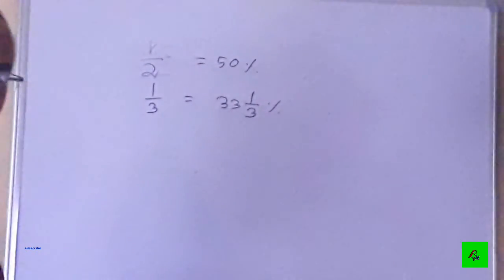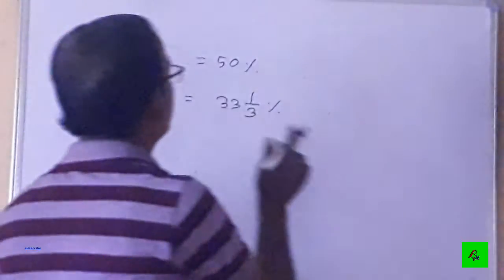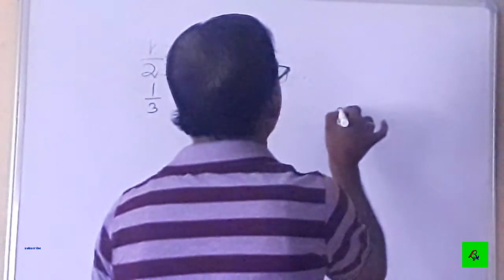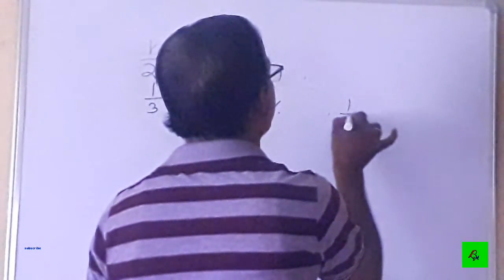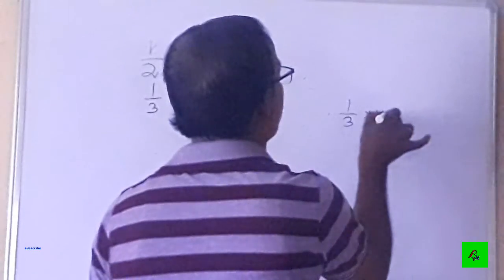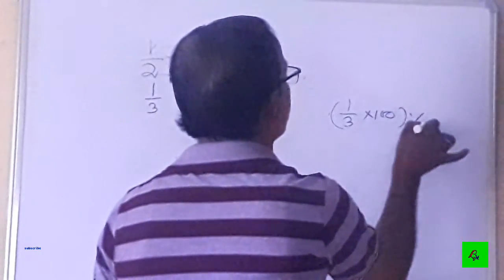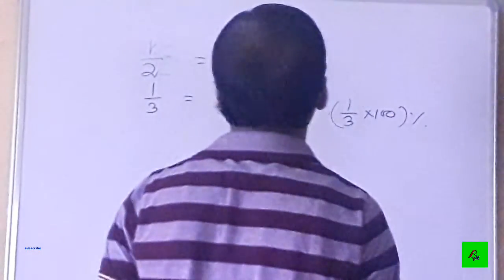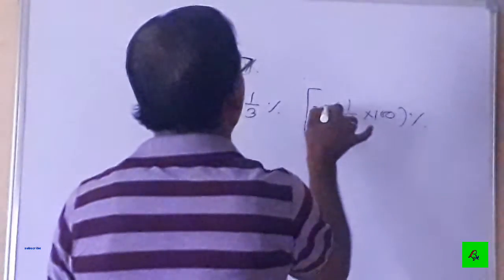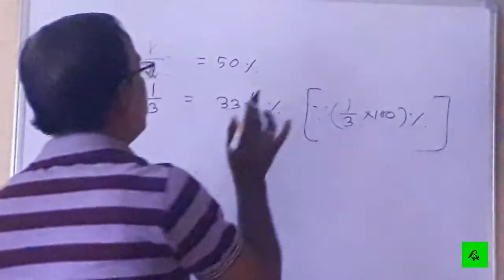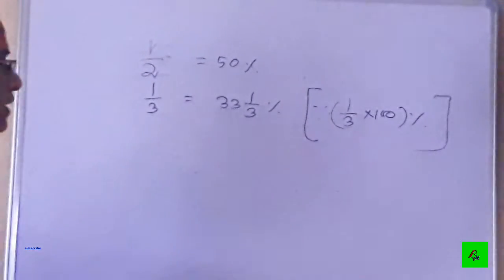Converting by the same procedure, how is 1 by 3 equal to 33 whole 1 by 3 percentage? Because 1 by 3 into 100 percentage, that means 100 divided by 3, so this equals 33 whole 1 by 3 percentage.